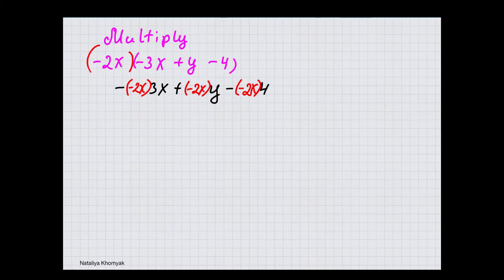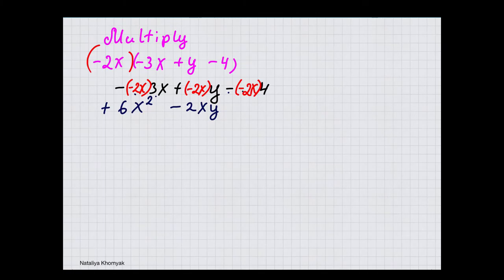So we have negative times negative, positive, 2 times 3, 6. We have 2 factors of x, so it's x to the second. Positive times negative, minus 2xy.